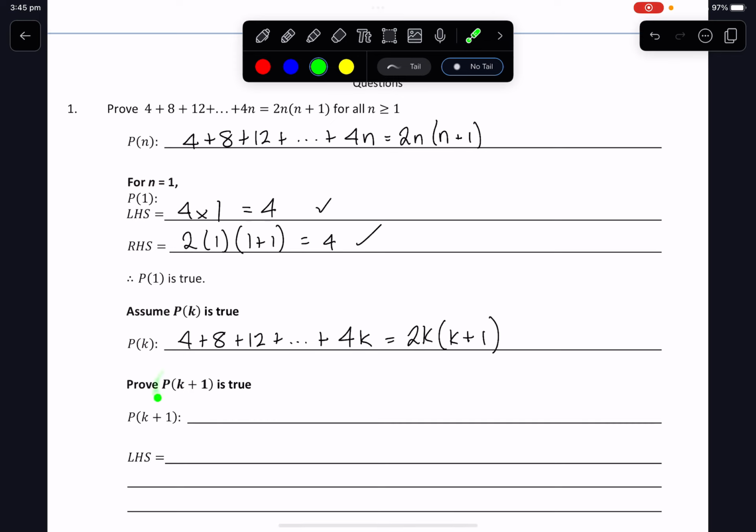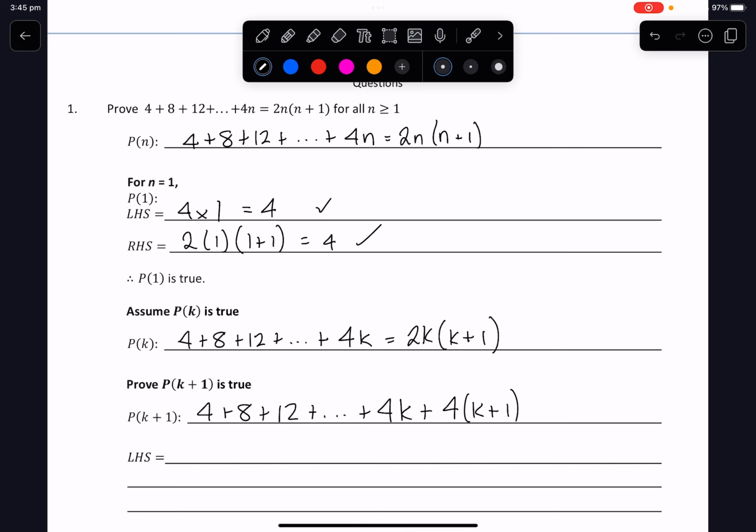And now we're going to write out P of k plus 1, which is just the next term along in my series. So I've got now 4 plus 8 plus 12 plus up to 4k plus 4(k plus 1). I've substituted in k plus 1 for n, so I have to do that on the right-hand side as well.